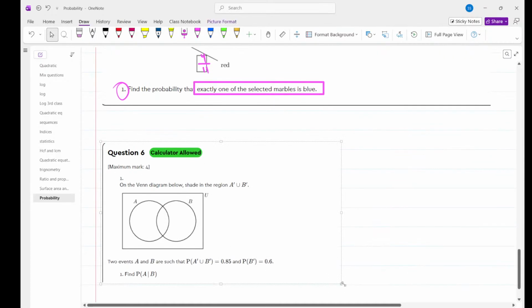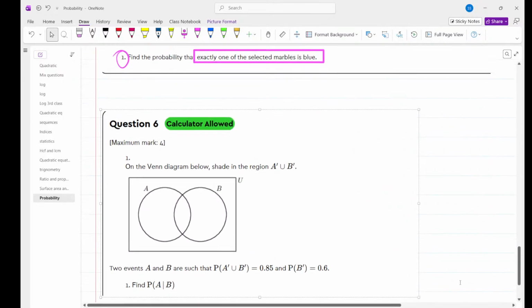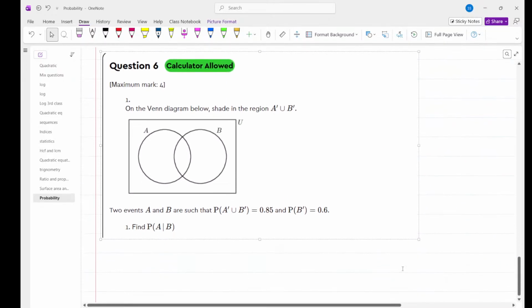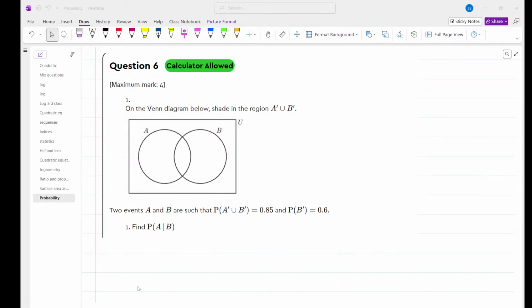This one. Two events are such that the probability of A's complement, and wait, what is that? Is that union? Yeah, union. So union are the terms in both. Okay.